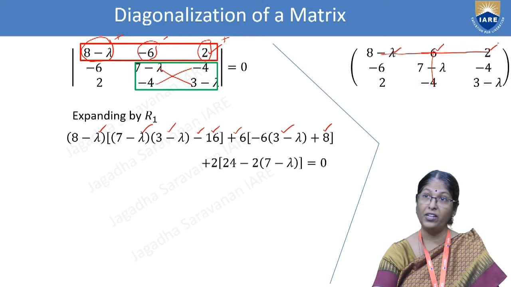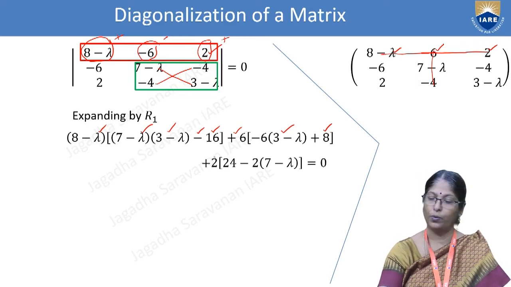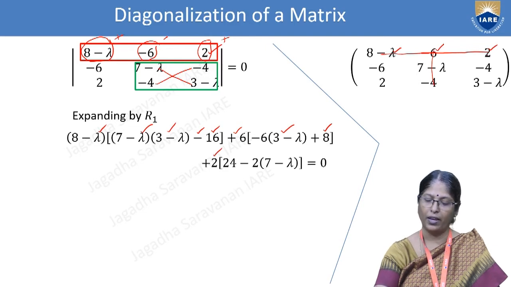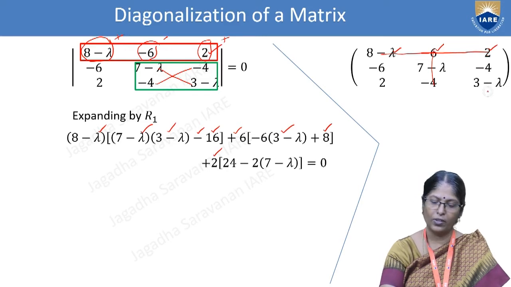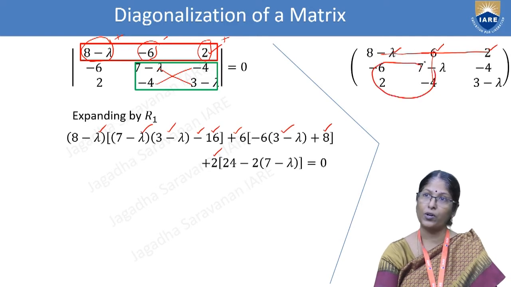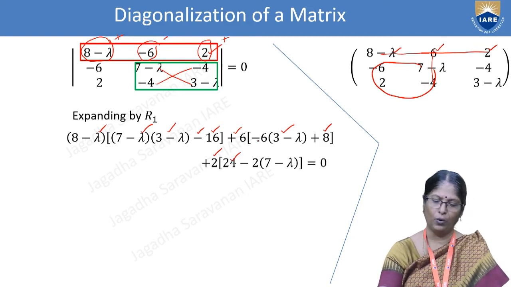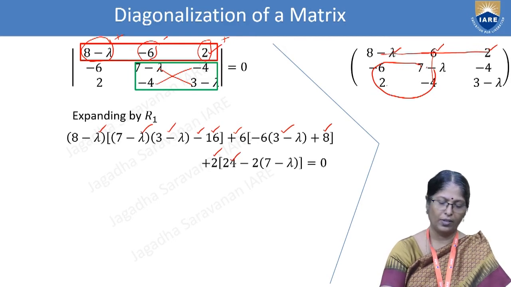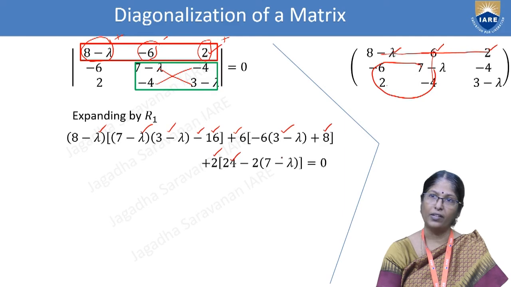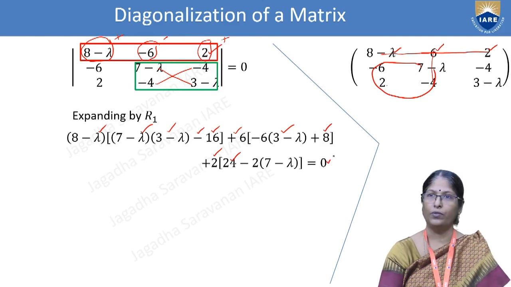We know the signs are positive, negative, positive, so plus 2. If we take this, the complete row and column are not there. The balance part we do the cross multiplication: minus 6 into minus 4 we get 24. Minus of these, we have to do the multiplication, that is 2 into 7 minus lambda, equal to 0.